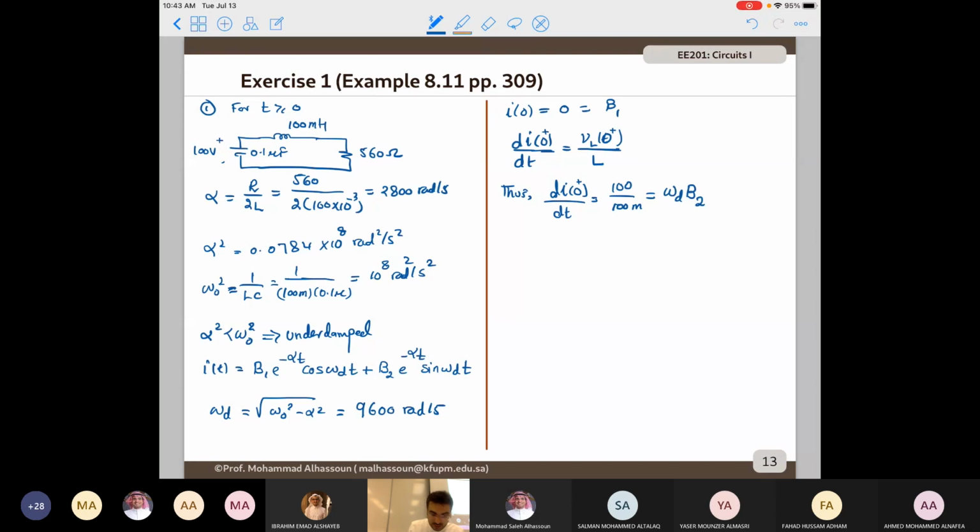So B2 now is something around 0.104 amperes.